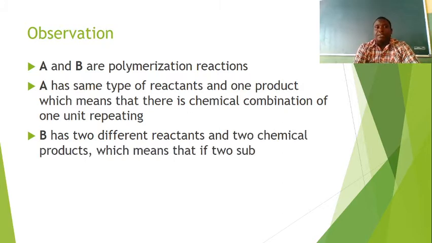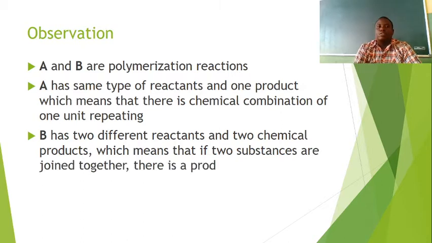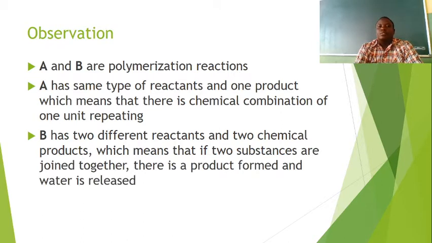B has two different reactants and two chemical products, which means that if two substances are joined together, a product is formed and water is released. You have seen that in the first reaction we have one product, which is a repeating pattern of the reactant.